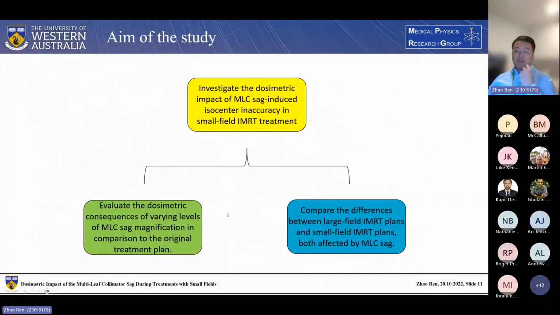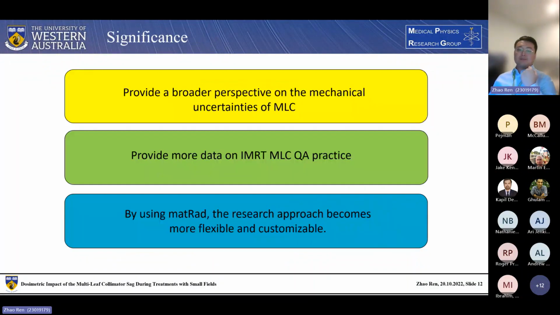The aim of this study is to investigate the dosimetric impact of MLC sag-induced isocenter inaccuracy in small field IMRT treatment. We will evaluate the dosimetric consequence of varying levels of MLC sag magnification in comparison to the original treatment plan. I will also compare the differences between large field IMRT plans and small field IMRT plans, both affected by MLC sag.